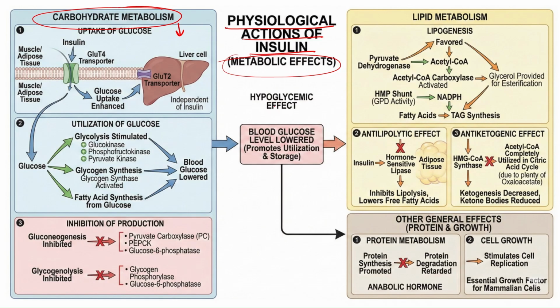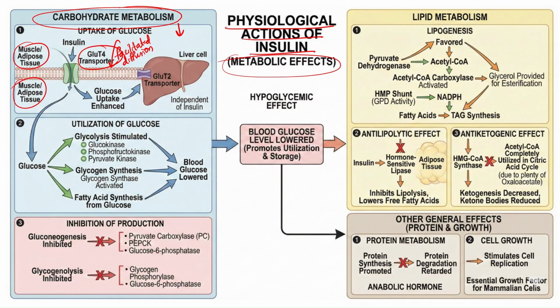So in the muscles and the adipose tissue, insulin acts as a key that unlocks the GLUT4 transporter, allowing glucose to enter into the cells via facilitated diffusion. This is where you have to revise the transport systems, types of transports. So facilitated diffusion, GLUT4 enters the glucose into the cells.